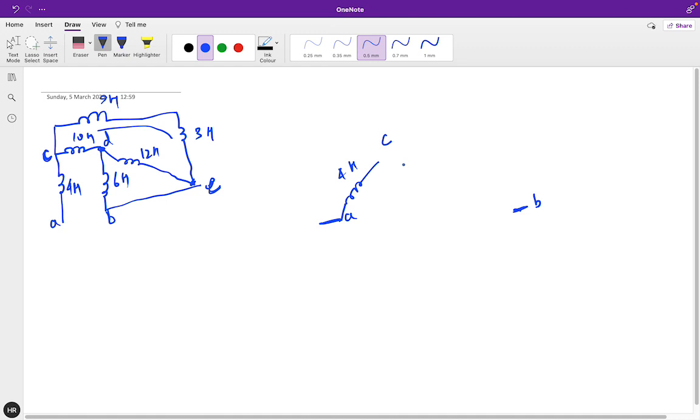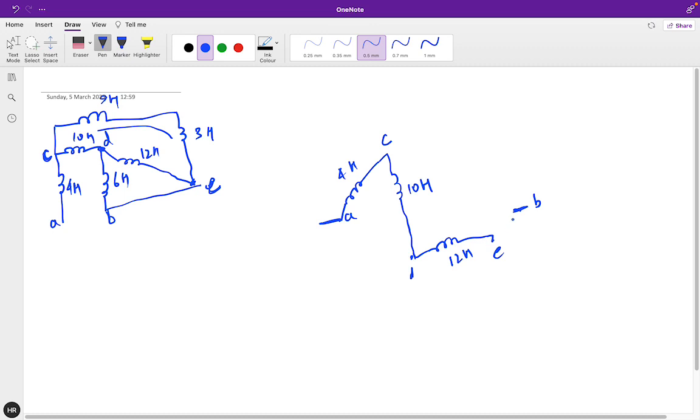And from C, taking D on this side, from C to D that's 10 Henry, and from D to E is 12 Henry.